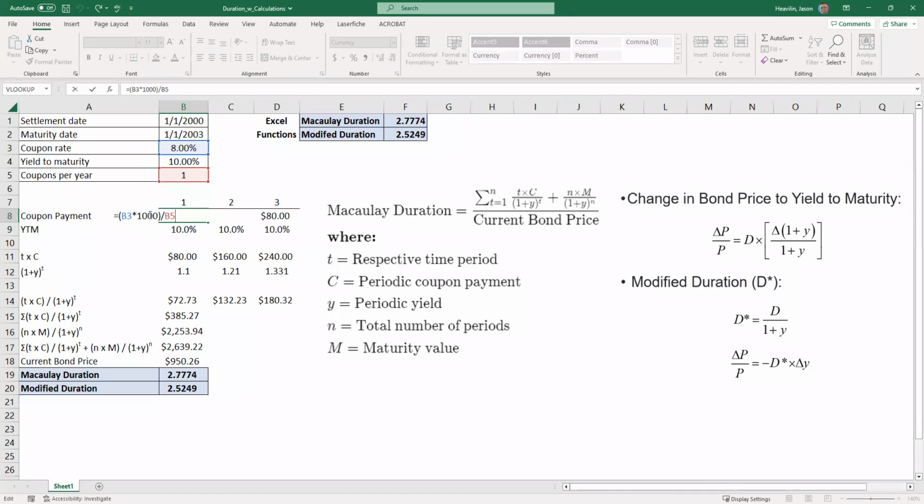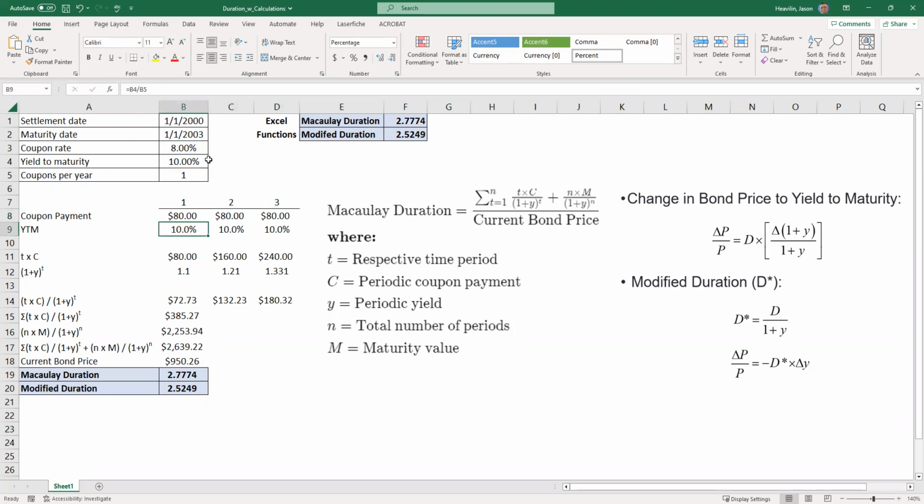And then we take that coupon, divided by the coupons per year. Now, because the coupons per year is only one, you get the entire 8% one time at the end of the year. If the coupons were quarterly, every 3 months, then you'll have a 4 there, and that will be divided by 4 for your quarterly coupon. And that pretty much repeats itself throughout the 3 years.